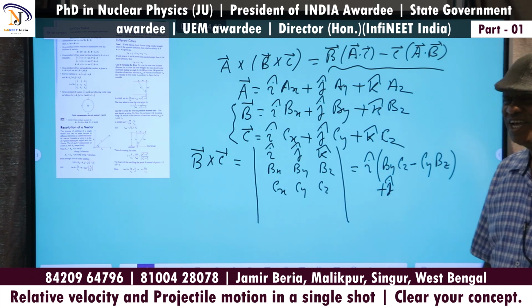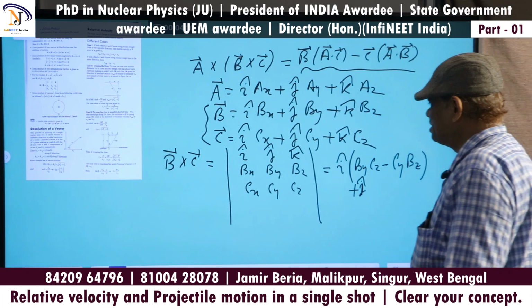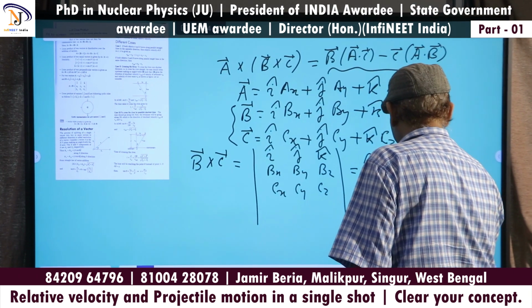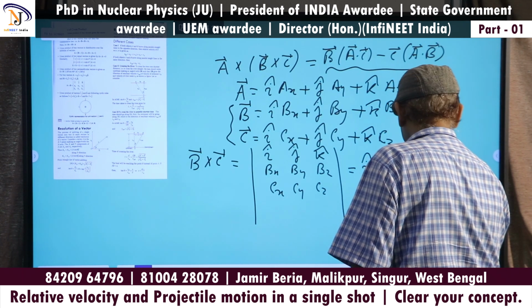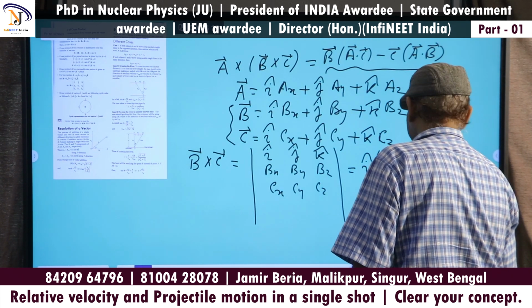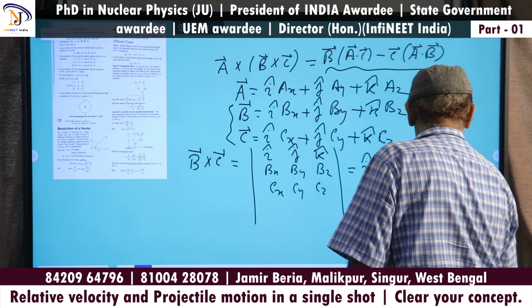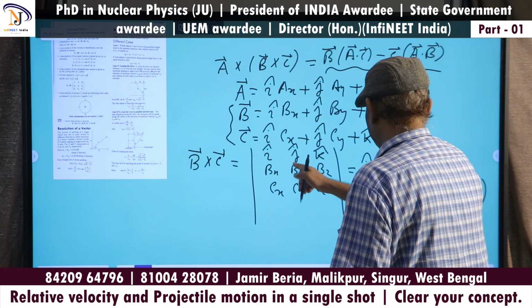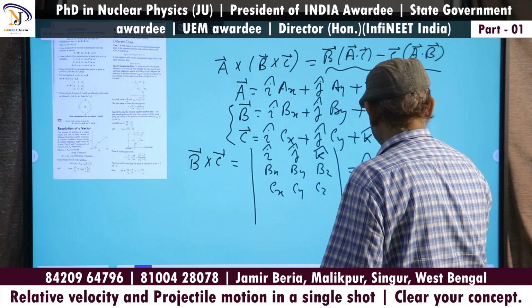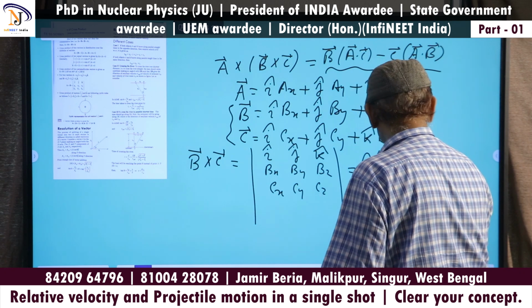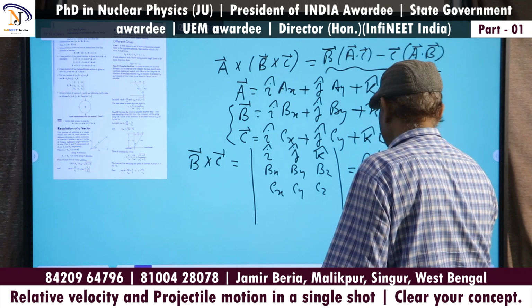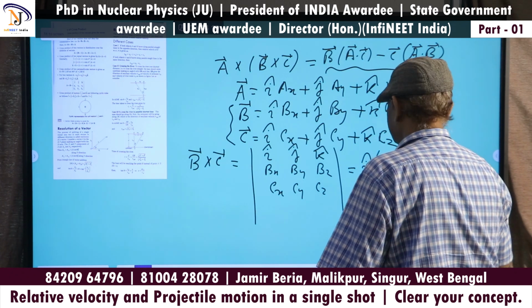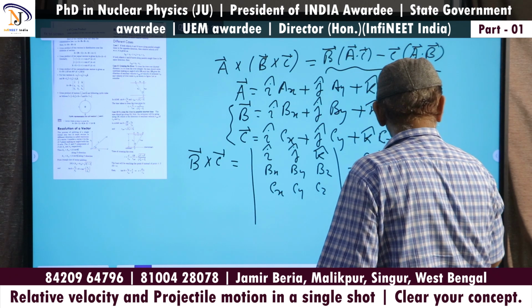That is positive, and this will be the product BZ CX minus BX CZ. What is BX CZ? Sorry, this is BX CZ, and another is BZ CX.